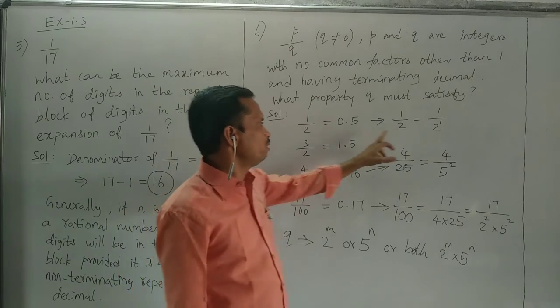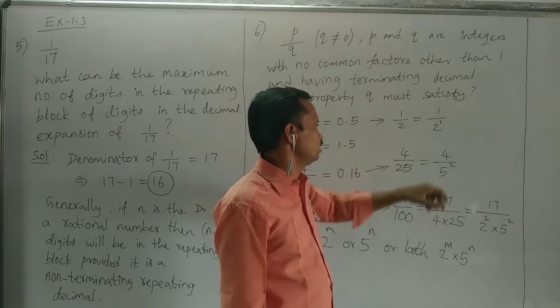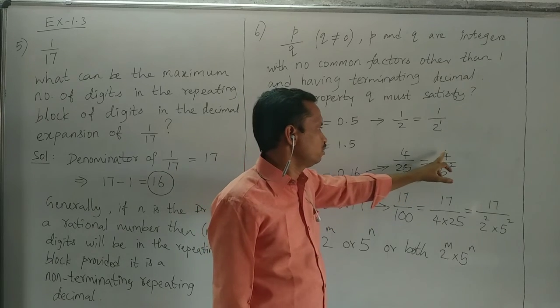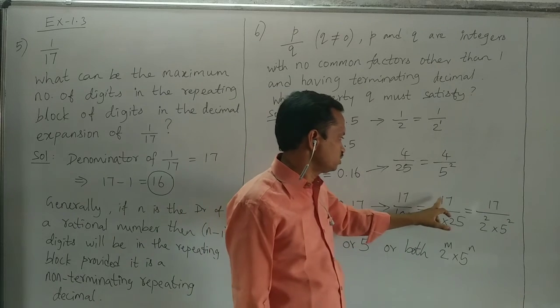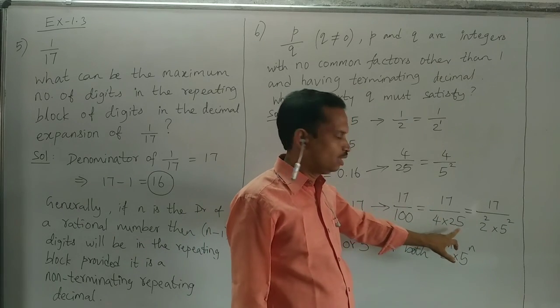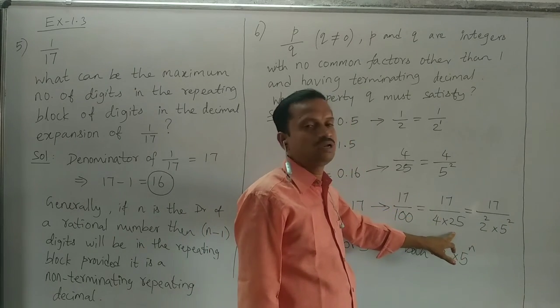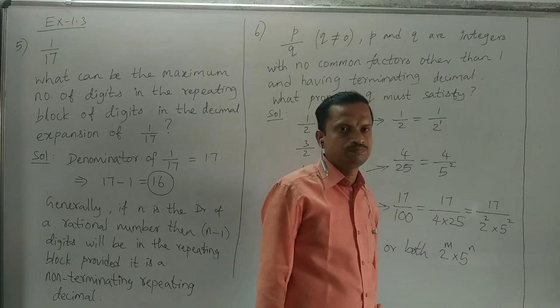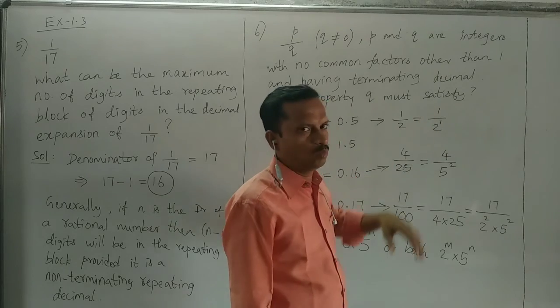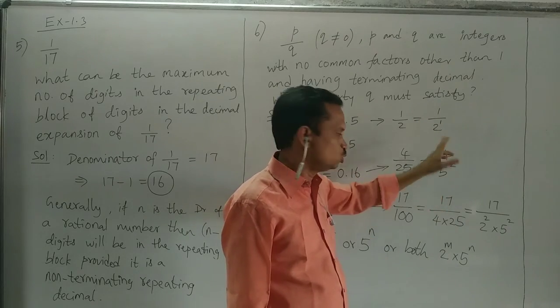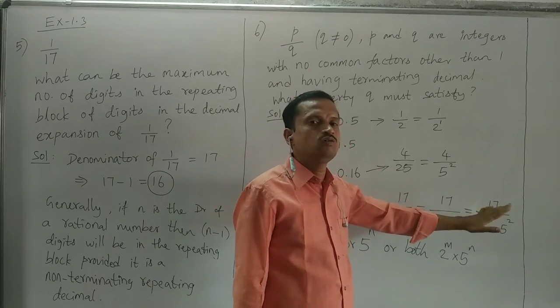That means 1 by 2, you can write as 1 by 2 power 1. 4 by 25, you can write as 4 by 5 square. 17 by 100, you can write as 17 by 4 into 25, where 4 is 2 square and 25 you can write as 5 square. So in all these, look at the denominator: here 2 power 1, here 5 power 2, here 2 square into 5 square.